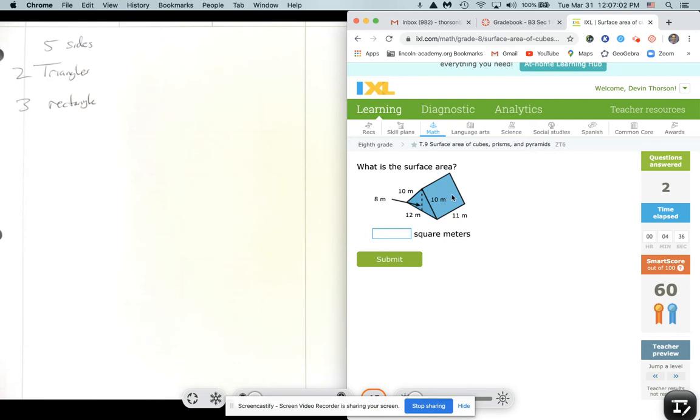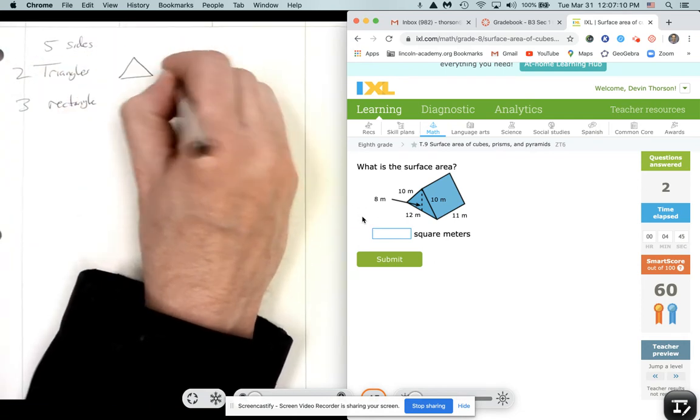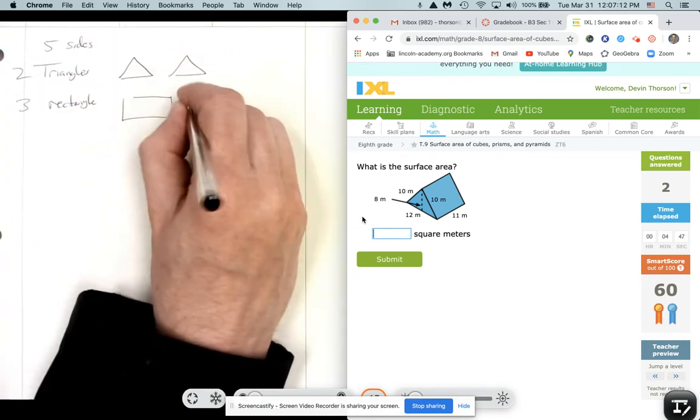I have the rectangle on the right, the rectangle on the left, and the rectangle underneath. So I'm going to draw those 2 triangles and those 3 rectangles.